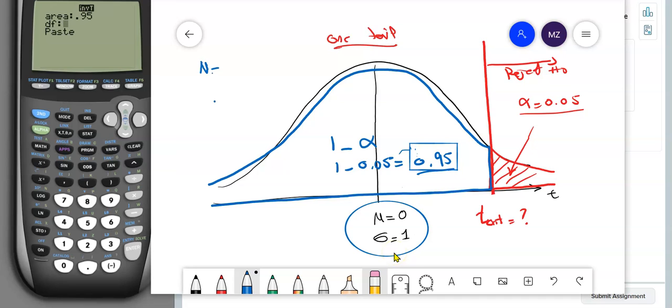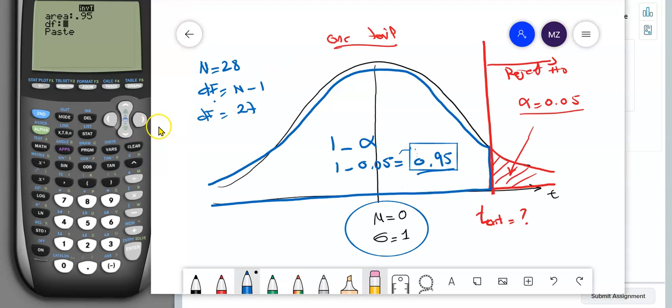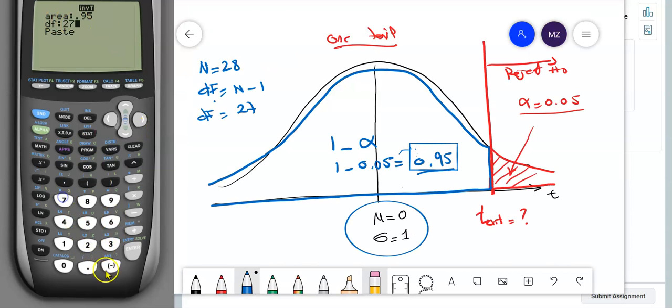If I have n equals 28, degrees of freedom is always n minus 1, which is 27, obviously, right? Let me double check. The n is 28. Okay, good then. So what I'm going to put in degrees of freedom is 27, and enter, enter, and enter again.